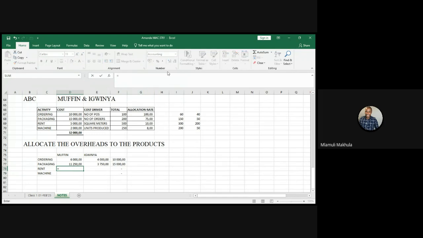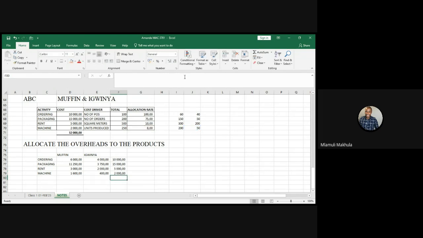Rent: 300 square meters multiplied by the allocation rate, which is 10 rent. And then 200 square meters multiplied by the allocation rate of 10 rent, and then you get 5,000. Machine: 200 hours multiplied by the allocation rate of 8 rent, and 50 hours multiplied by the allocation rate of 8 rent.